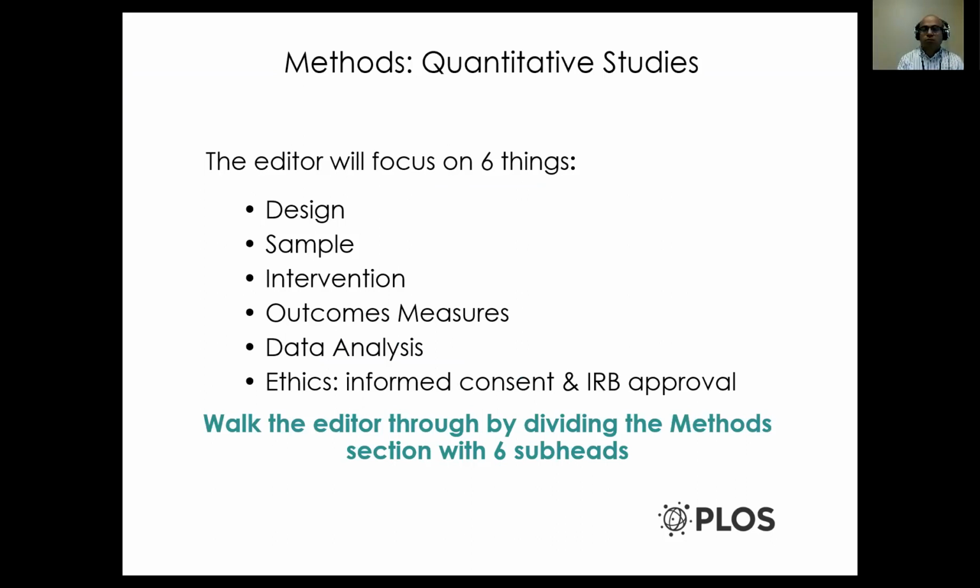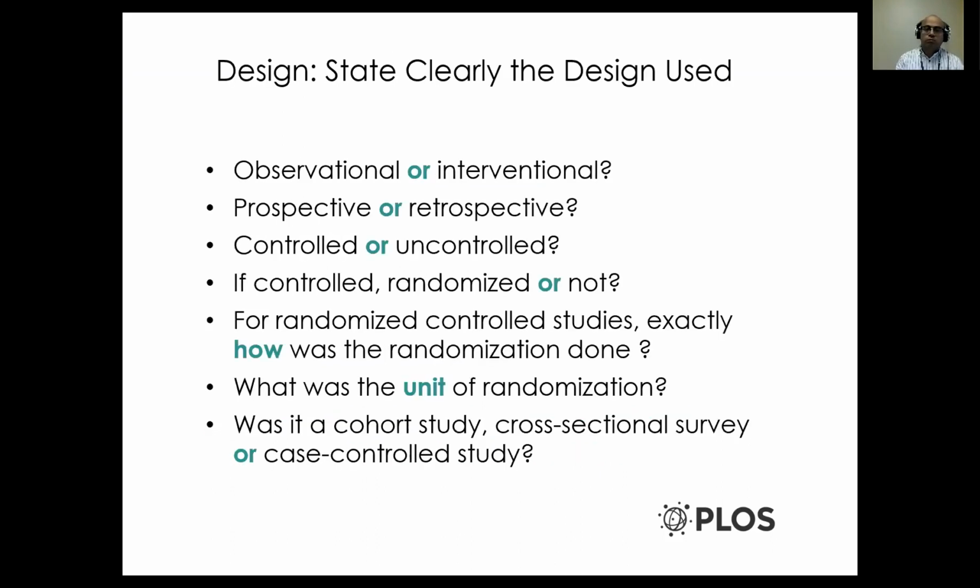So for quantitative studies, editors will focus on 6 things: design, sample, intervention, outcome measures, data analysis, and then ethics. And you need to walk the editor through by dividing the methods section with at least 6 subheads. So state clearly the design that was used.